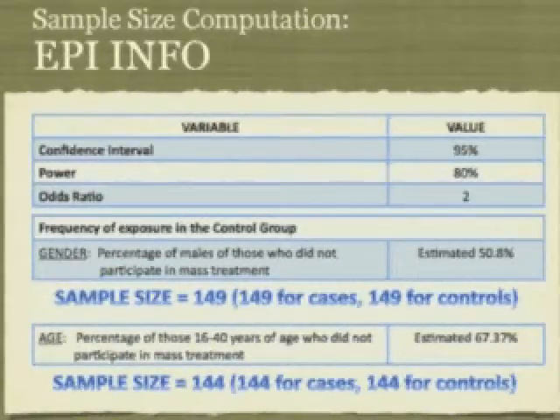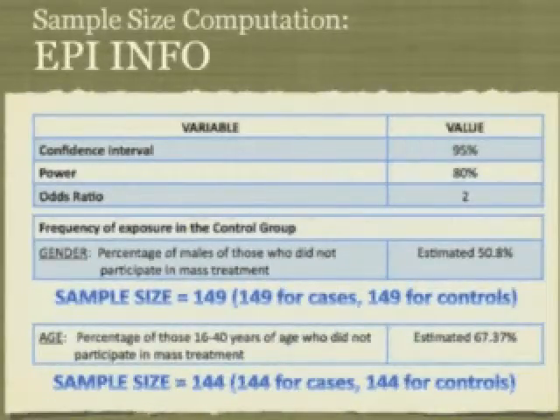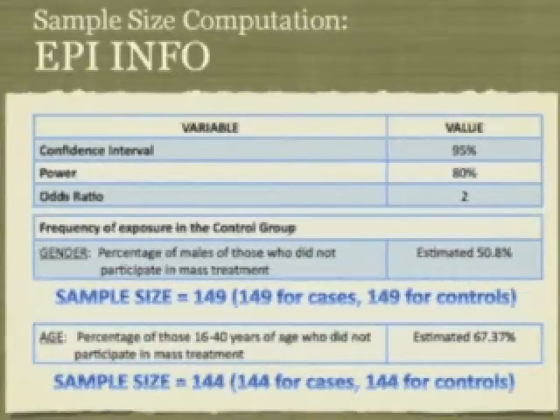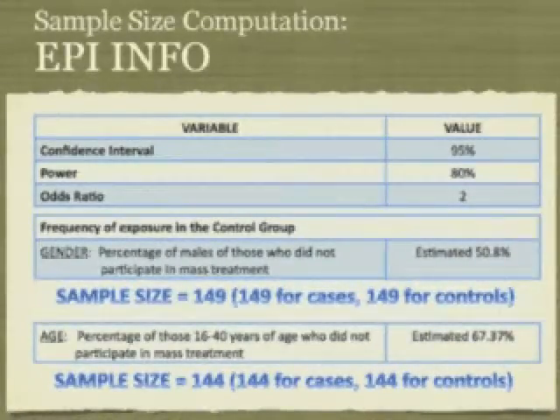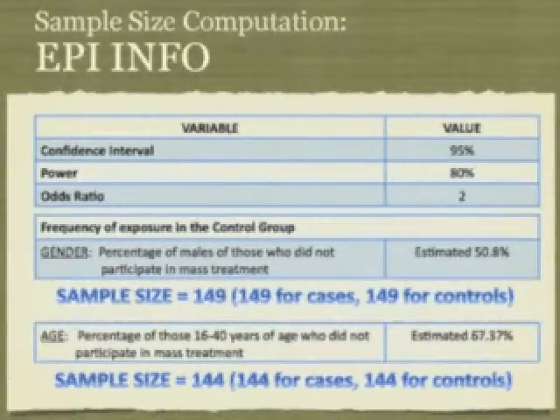Using gender as the factor in computing the frequency of exposure in the control group, or the percentage of males of those who did not participate in mass treatment, the value was estimated to be 50.8%, resulting in a sample size of 149, that is, 149 cases and 149 controls.